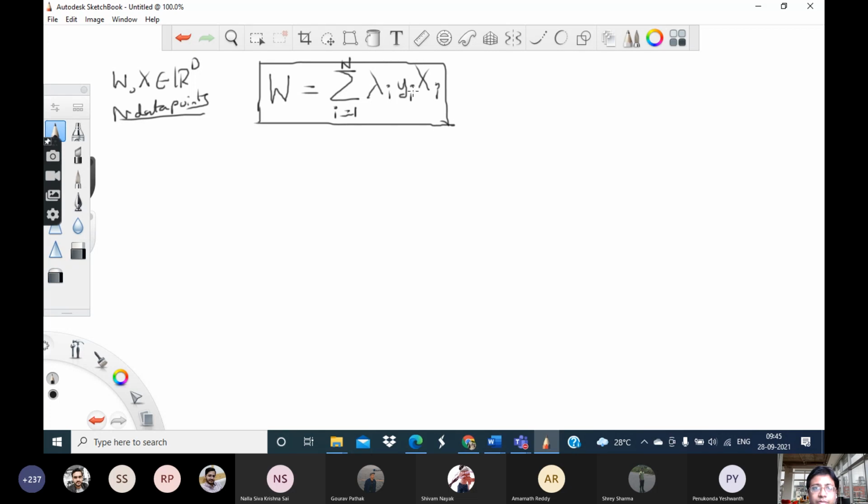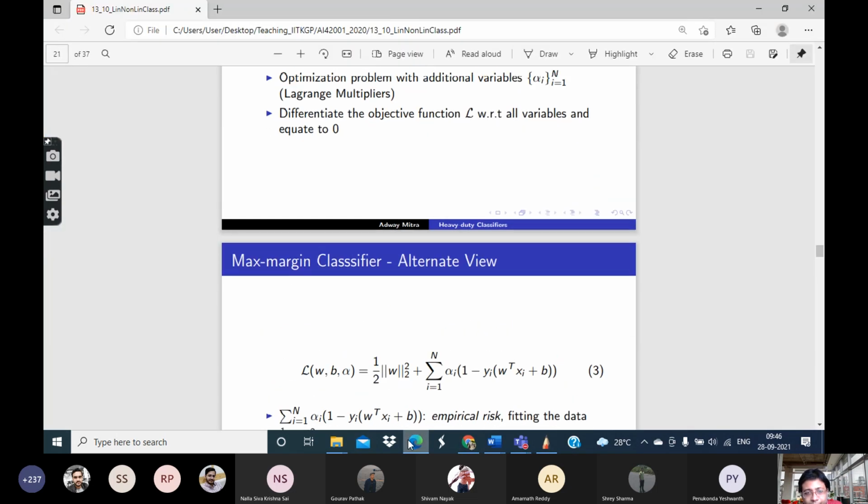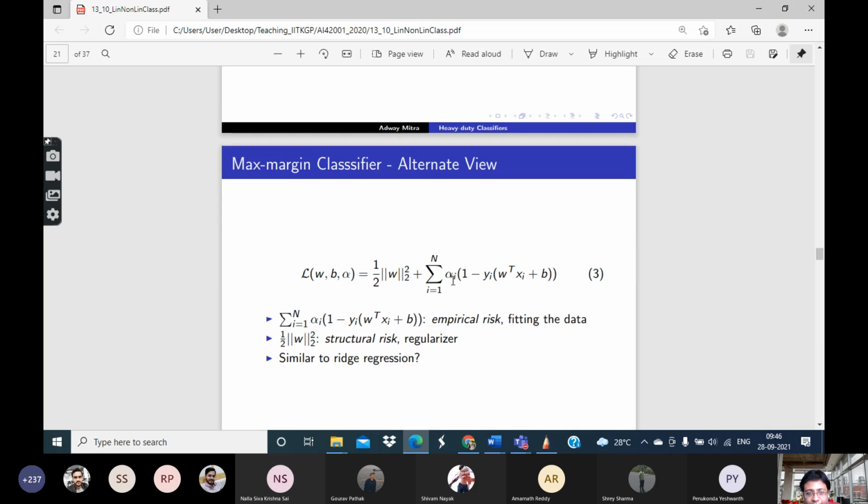Then sir, lambda is also a d-dimensional vector, right? No. Lambda is a scalar. Lambda is a real number. The lambdas are basically the Lagrangian multipliers. So how are the Lagrangian multipliers used? If you go back to the program like this, assume this alpha is your lambda.